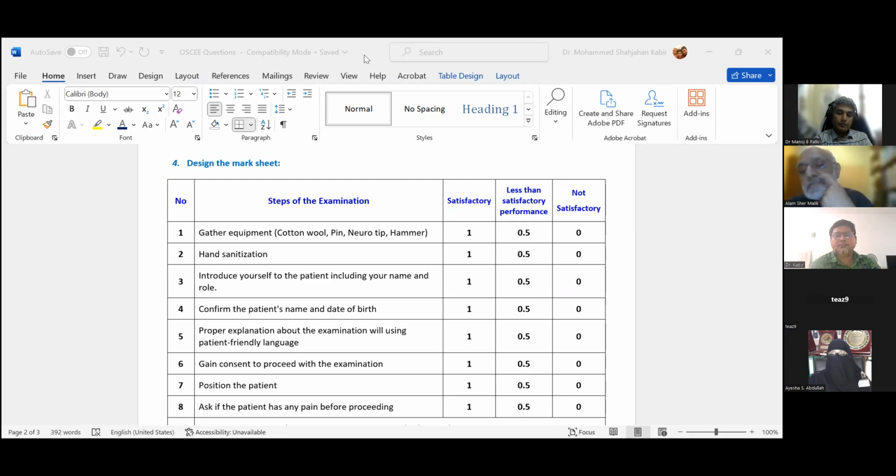If every station is 5 minutes, whether the student can perform that in 5 minutes or not. If not, then they have to cut down the question and make it more focused, because we have to limit our task to what is possible in that limited time. That should be the first concern about any question.